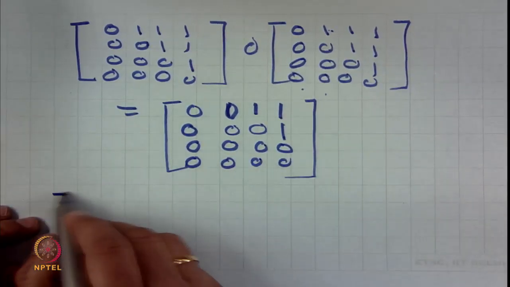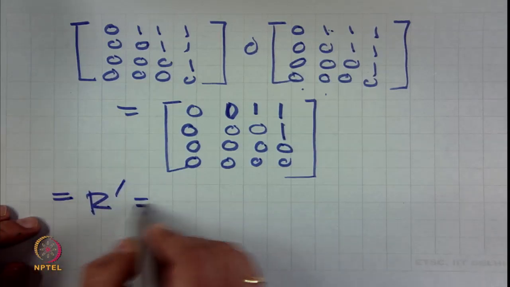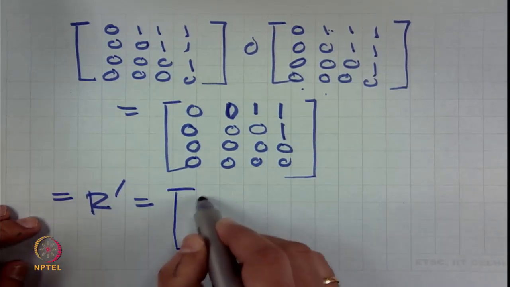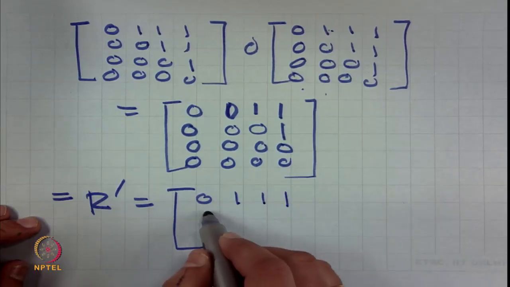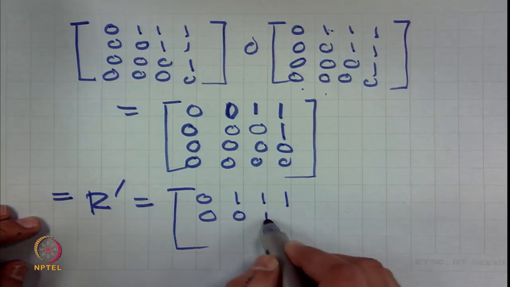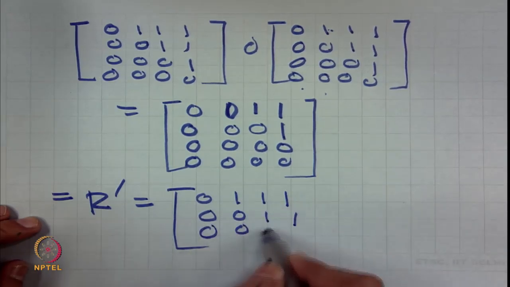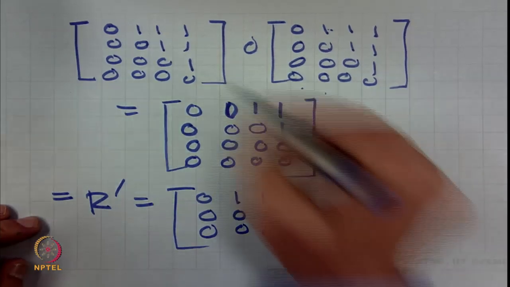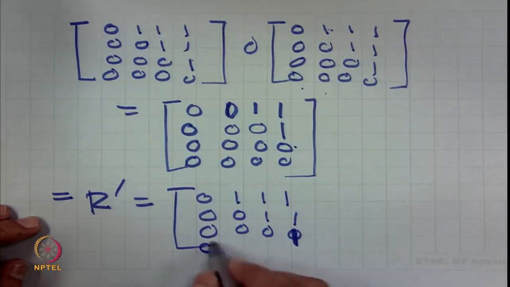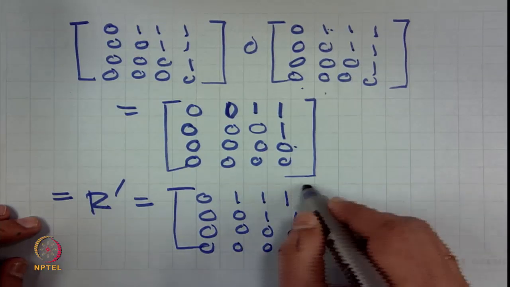Again, if I take the union, new R prime is going to be 0, 1, 1, 1, 0, 0, 1, 1, 0, 0, 0, 1, by taking union of this with this, and 0, 0, 0, 0.